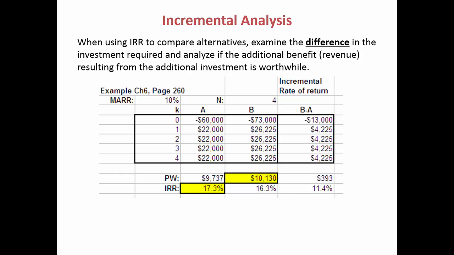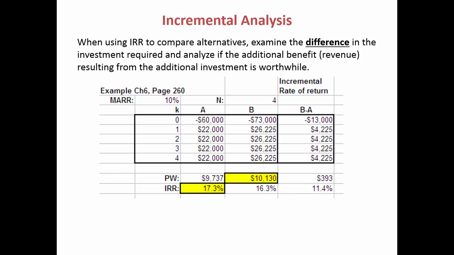It turns out this 11.4 is saying that's the rate of return on the difference. So this extra 13,000, the 13,000 additional that you have to pay to get item B, that 13,000 is making a return of 11.4%. And so the reason why we say yes to project B is that the rate of return on the difference is greater than the MAR.